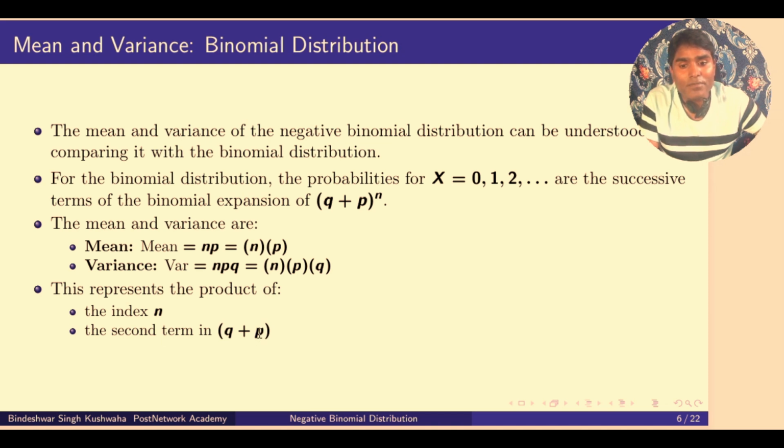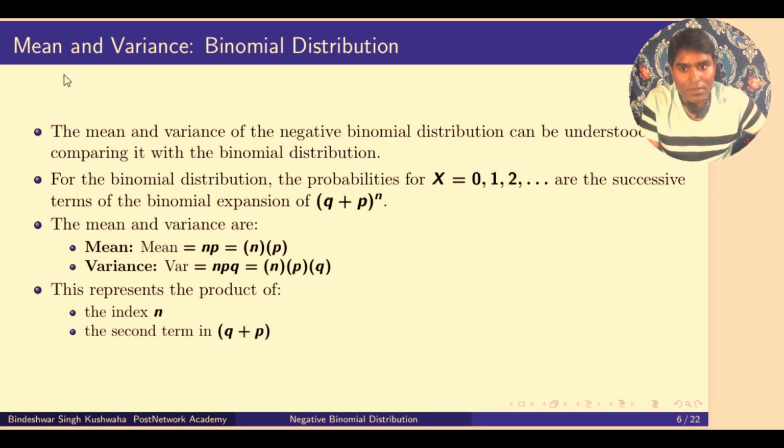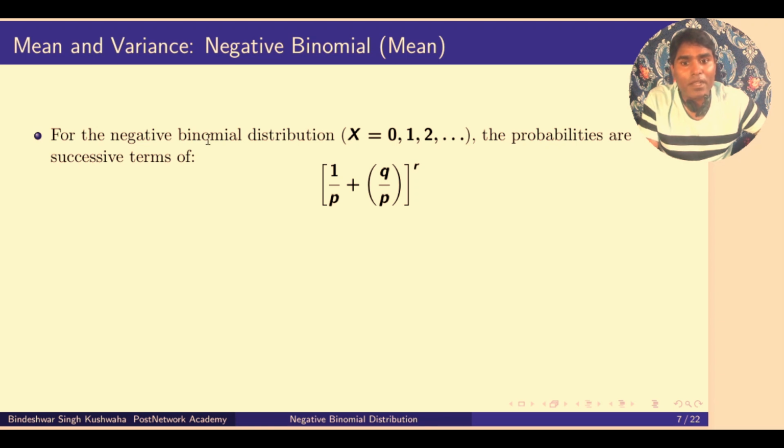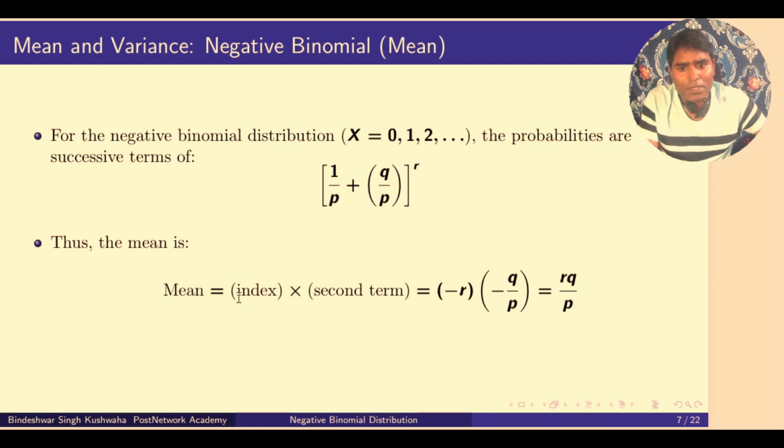We will use the same concept. For the negative binomial distribution, the probabilities are successive terms of (1 minus p upon q) raised to minus r. The index is minus r and the second term is minus p upon q, and if you multiply them, you get rp upon q.